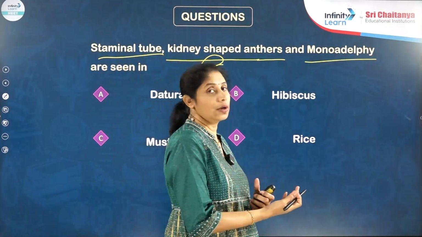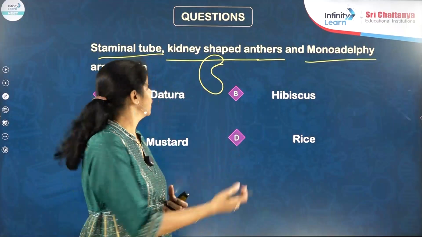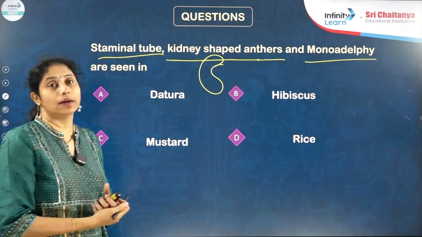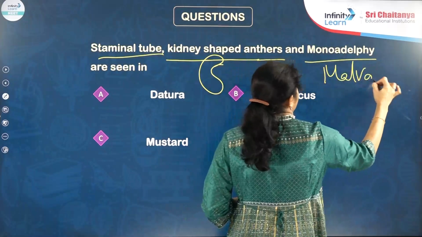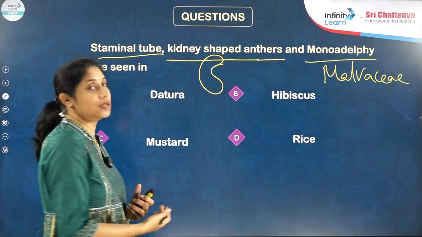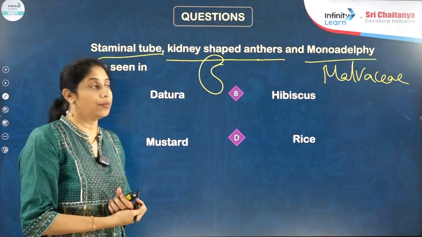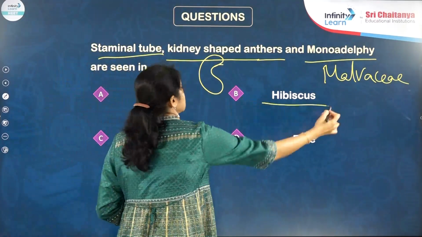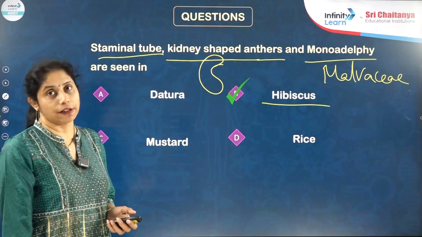Filaments are fused, but anthers are free. This condition is called monoadelphous. These three features are present in the Malvaceae family. In the given ones, which is a Malvaceae member? Datura, hibiscus, mustard and rice. Hibiscus is the Malvaceae family member, so the correct option would be hibiscus.